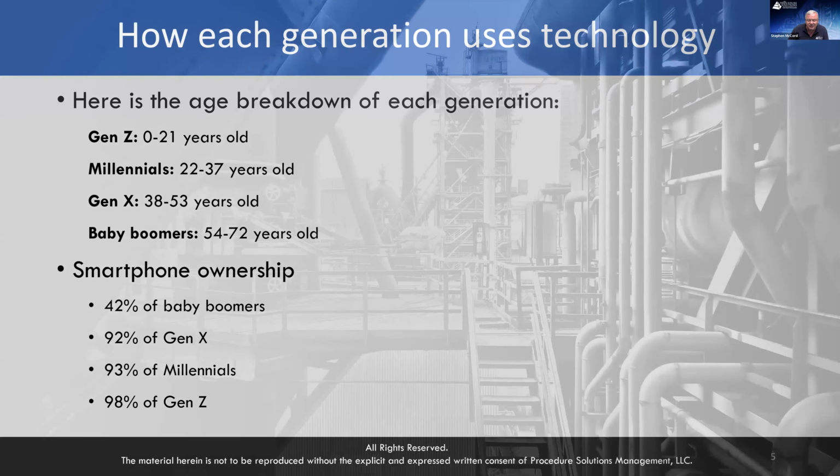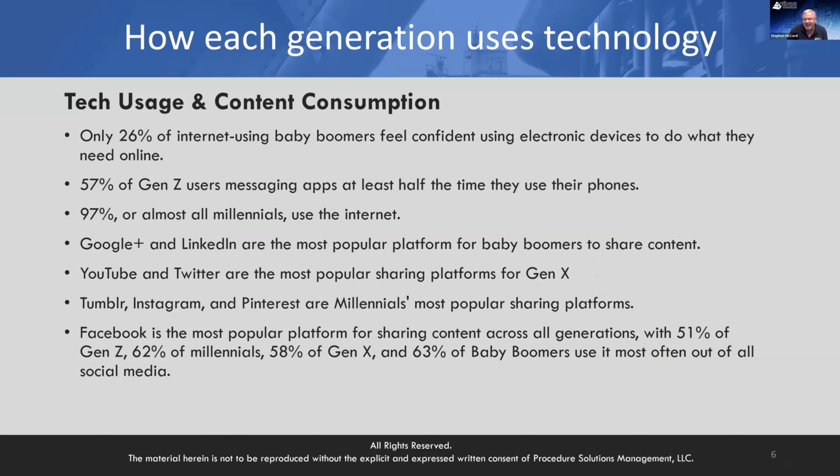So then if you take a step further with that, let's look at the tech uses and the content consumption. All this is off the internet. Only 26% of the internet-using baby boomers feel confident using those electronic devices, which is some reason for the reluctance, and why there's only 42% that have them. 57% of Generation Z use messaging apps at least half the time they use their phones. 97% of almost all millennials use the internet.